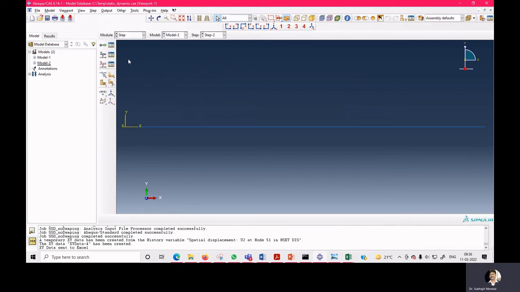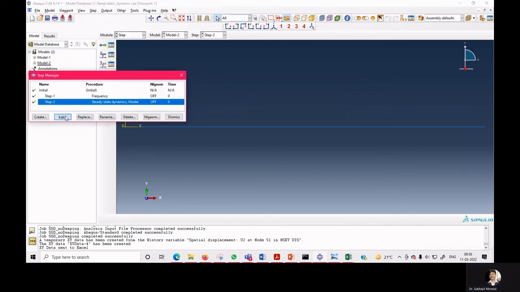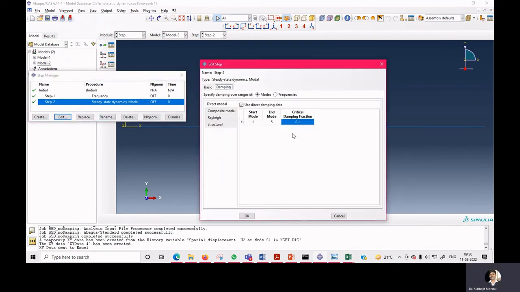And what we did here, we have changed the damping value. Initially we have made damping value as 0.01, and then we have changed the damping value to 0.05, and then we have changed the damping value to 0.1.